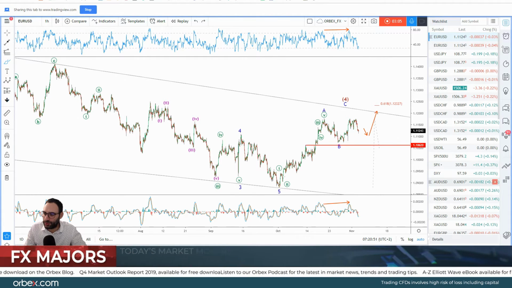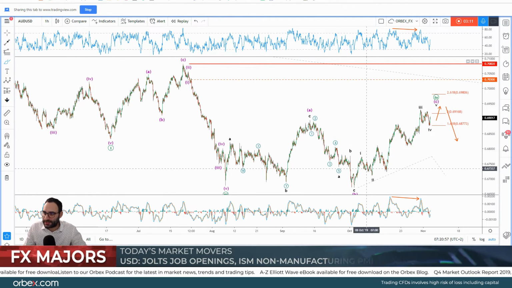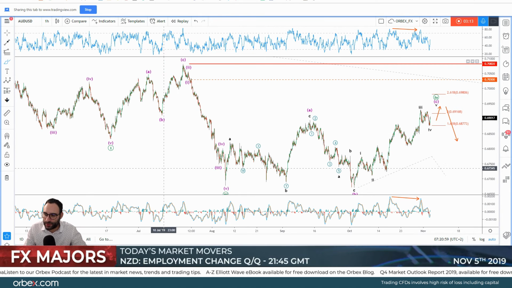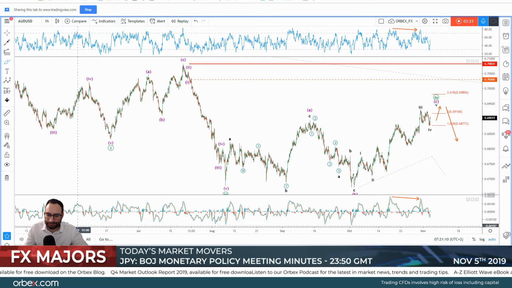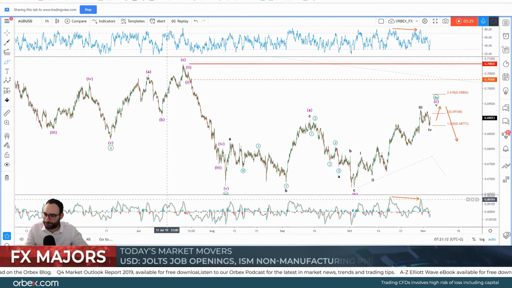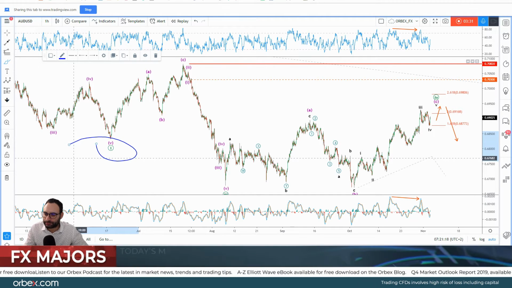Now, the other pair I want to look at is the Aussie. We haven't looked at this one for a while. Aussie, as I said, over the past few hours started moving to the upside because of the, let's say, remaining firm RBA. This pattern, again, see this as I used to before.